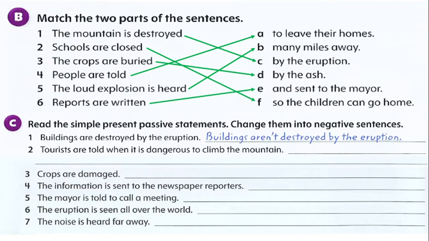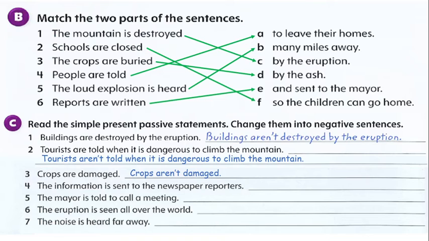Read the simple present passive sentences, change them into negative sentences. Buildings are destroyed by the eruption. Tourists are told when it's dangerous to climb the mountain. Tourists aren't told when it's dangerous to climb the mountain. Crops are damaged.